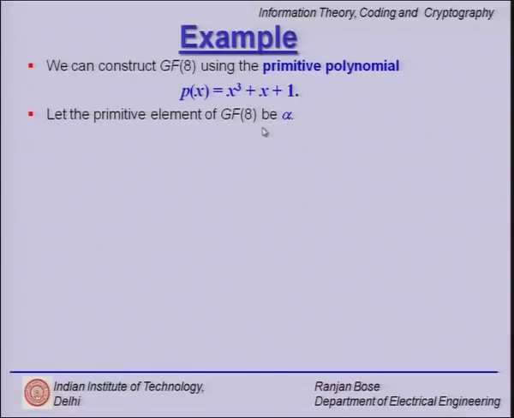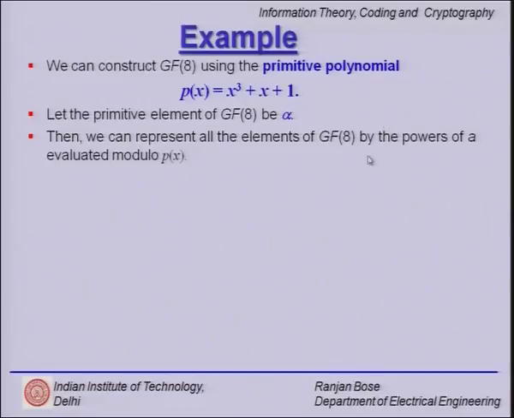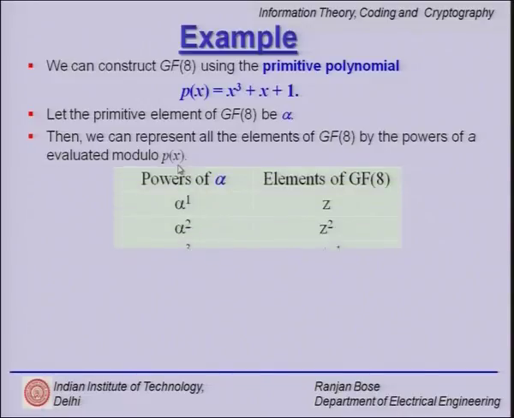We know that every Galois field has at least one. So let alpha be that one designated primitive element. Then we can represent all the elements of GF8 by the powers of alpha taken modulo p of x. So let us try that. Say alpha raised to the power 1 is designated using this indeterminate z, alpha squared is z squared, alpha cubed is z cubed, but everything is modulo p(x).